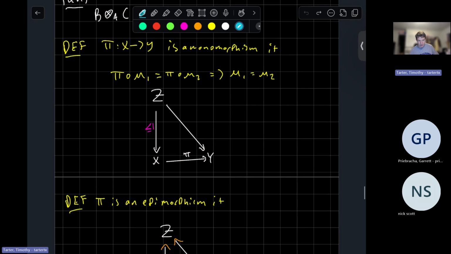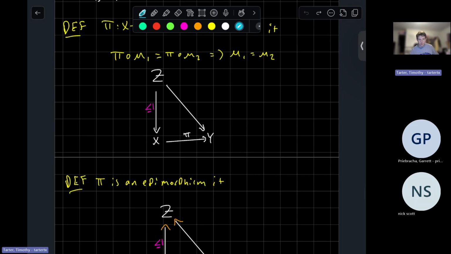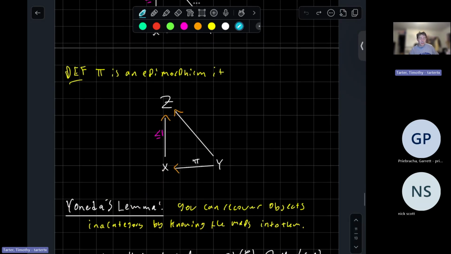So monomorphism is injective, mono kind of tying to one. That's how I remember that. And then epimorphism is surjective. Now, notably, injectivity and surjectivity imply things about the object that the arrows are going into that maybe the actual morphism itself doesn't imply. This is why we separate out injectivity and surjectivity.